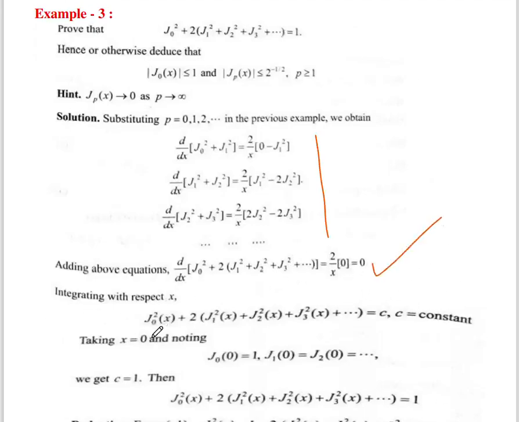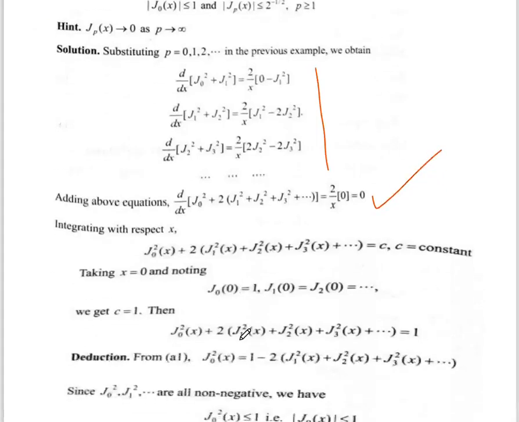Okay, so integrating on both sides with respect to x, we get J0 square x plus 2 J1 square and so on equal to c, where c is the integration constant. Okay, so on taking the integration of this term, the derivative will get cancelled.